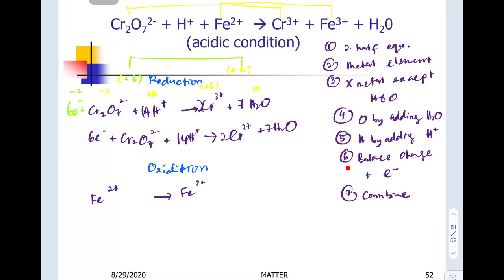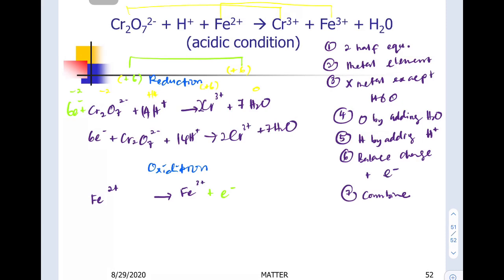We move to step number 6, balance the charge. We look at the left side. It is plus 2. The right side is plus 3. So the right side is more positive than the left. We balance it by adding 1 electron to the right side. So we are finished with the charge.